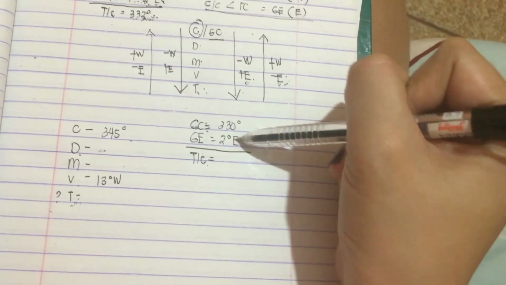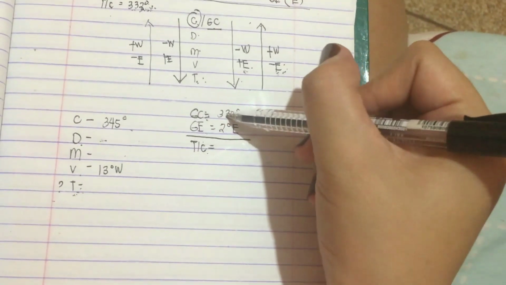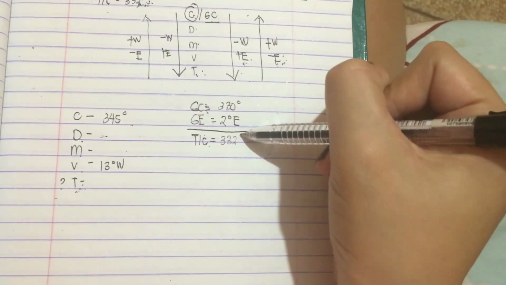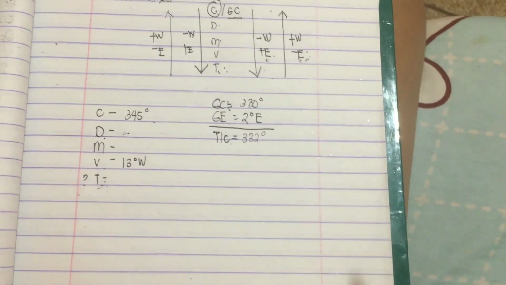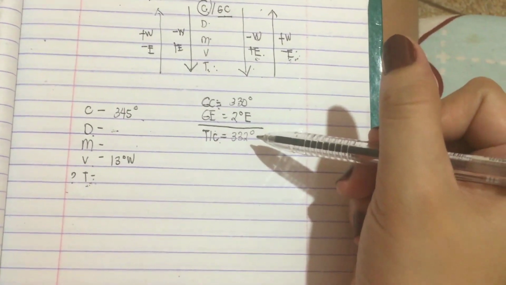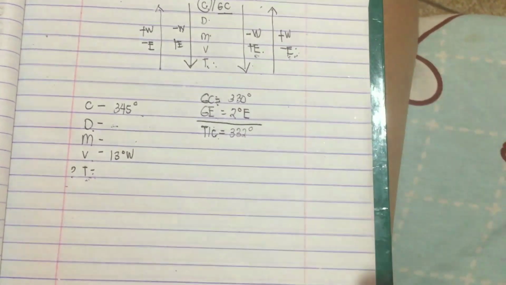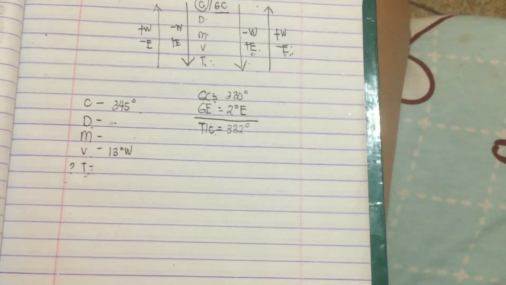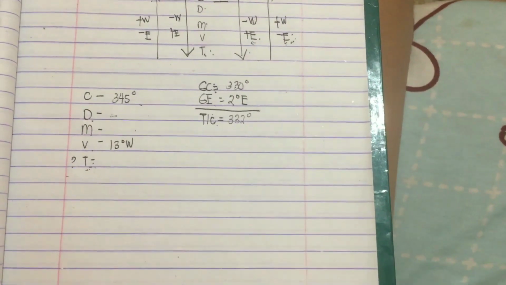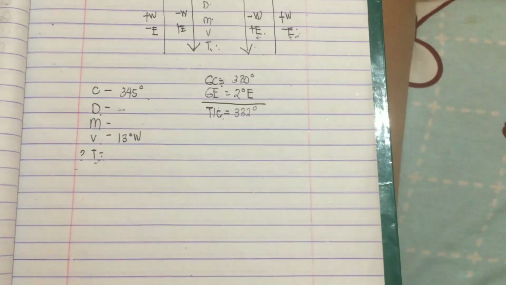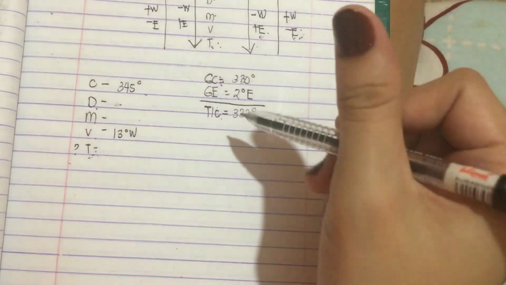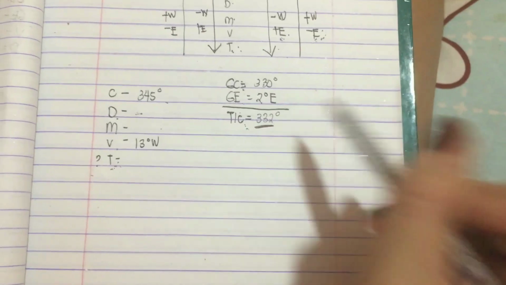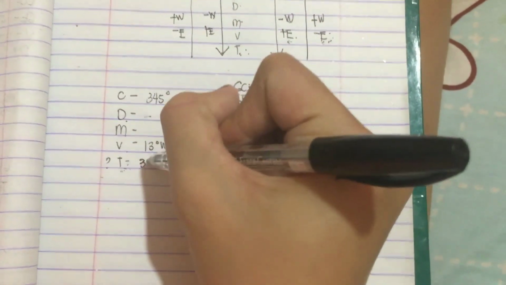Since this is east, we should add. So 330 plus 2 will be 332 degrees. Always remember that we cannot put directions to our true course, compass course, gyro course, and magnetic course. We can only put directions to the errors. So we already have our true course, which is 332 degrees, and we will put this here.